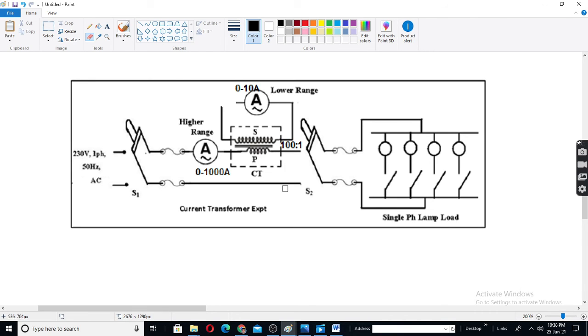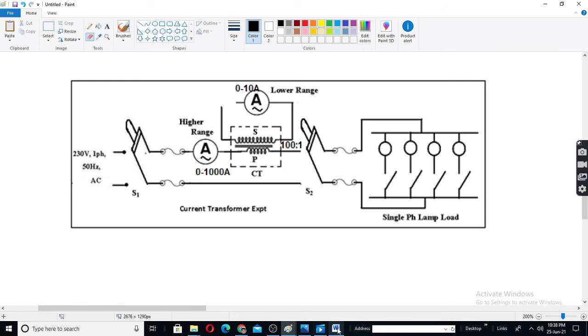Only 1 volt will appear in the primary. So the secondary, 100 times, may be 100 volts, but practically this will be only around 0.1 volt. Anyhow, don't bother so much.